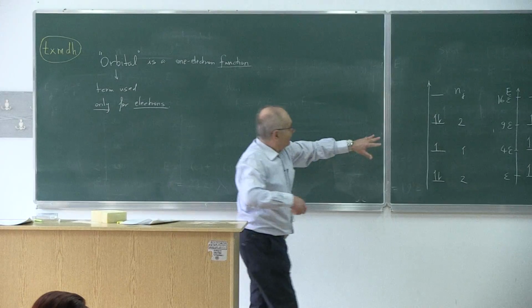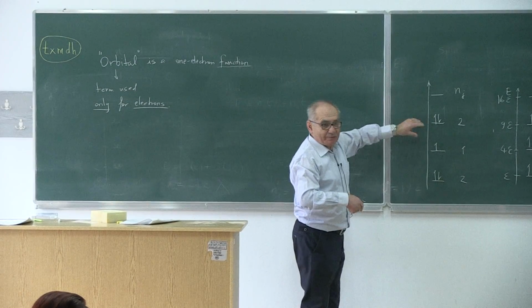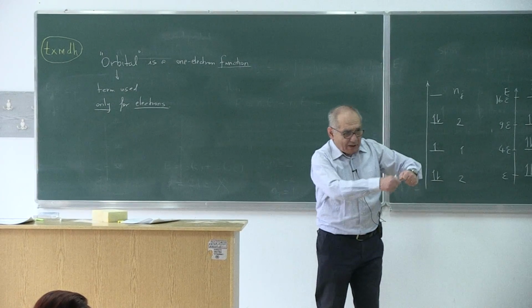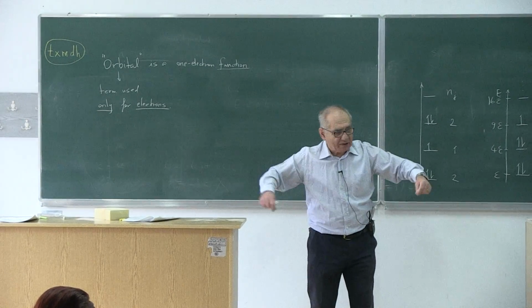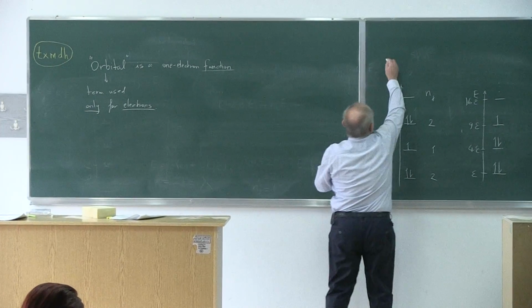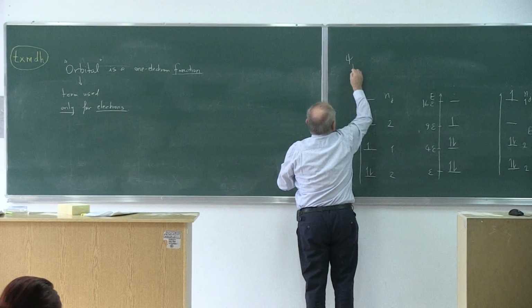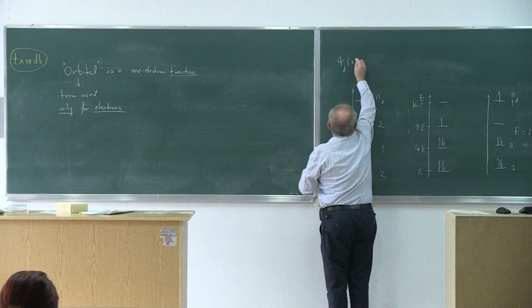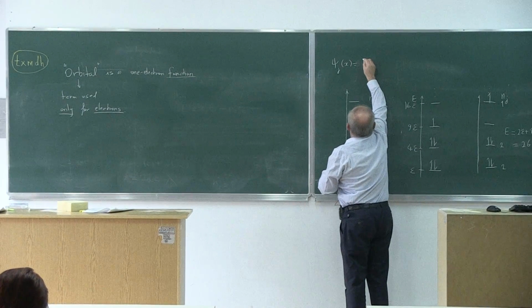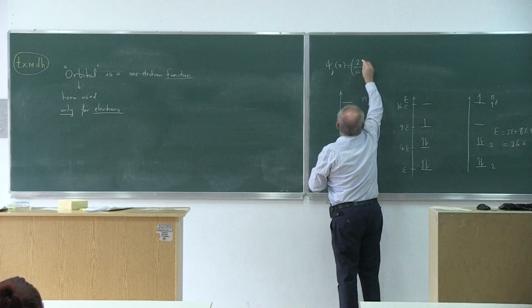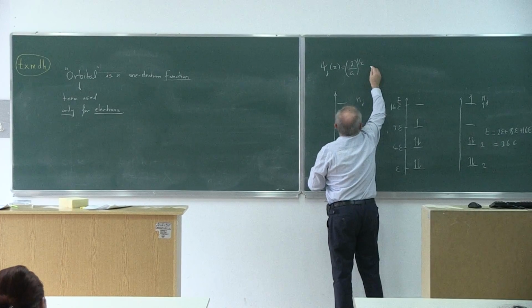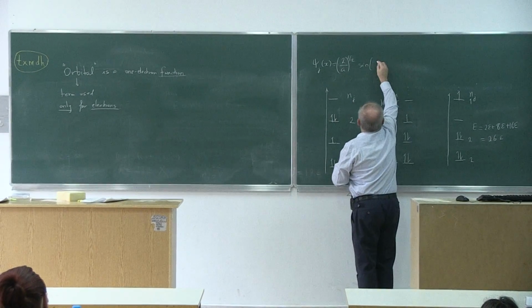So, when we use the particle in a box model, which means we are forcing this electron to move along a straight line, then the functions ψ_j are given by the square root of 2 over a, which is the normalization factor, times a sine function.